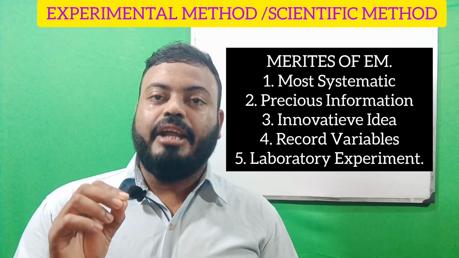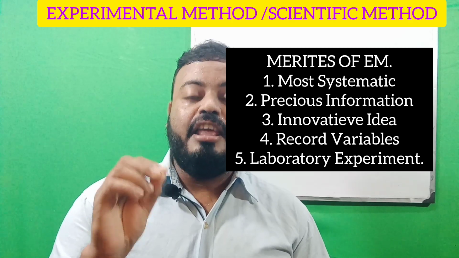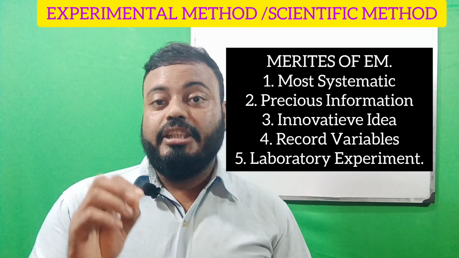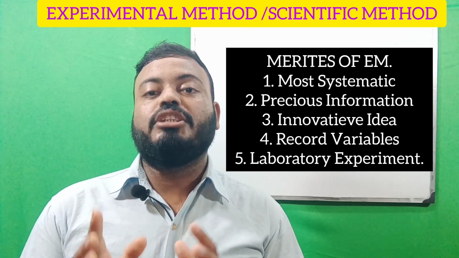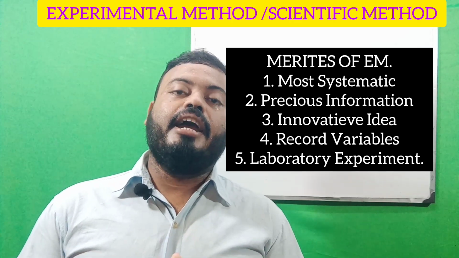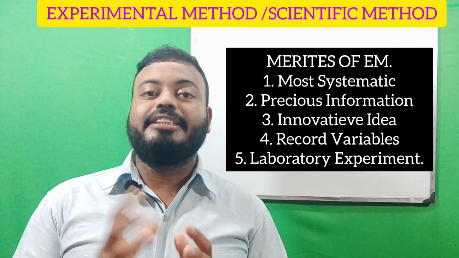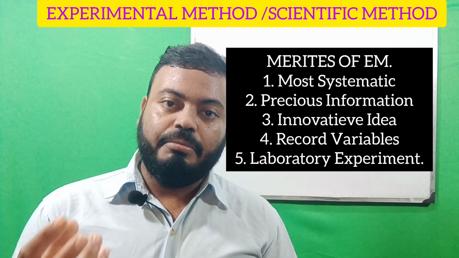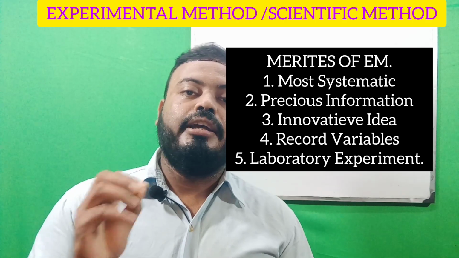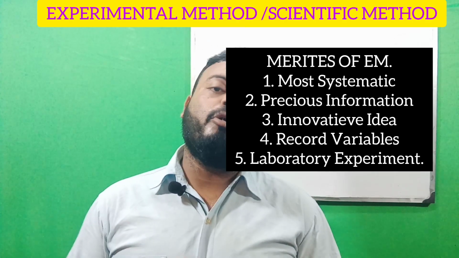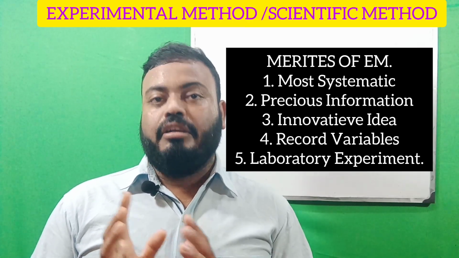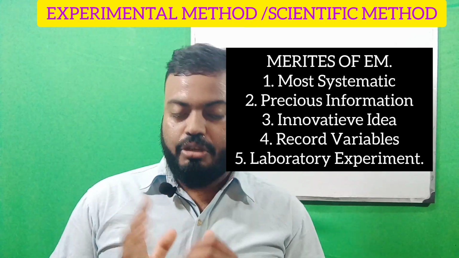So this merit is the laboratory experiment. What to do and how to get the result depends on the researcher. So these are the 5 most important merits of the experimental method.